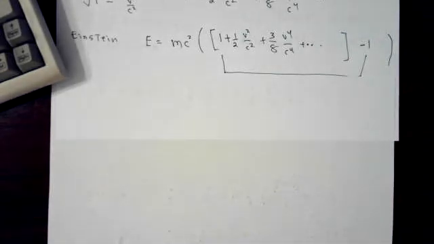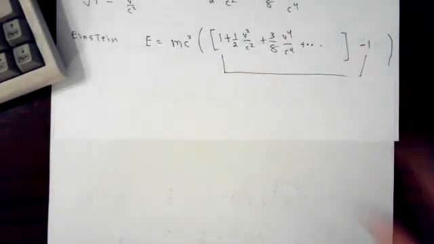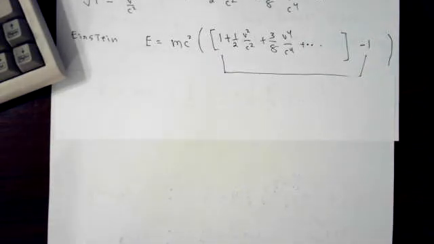I'm going to write down that Einstein formula for the kinetic energy, except instead of writing the 1 over radical part, I'm going to use my power series instead. A miracle happens. The ones cancel out.